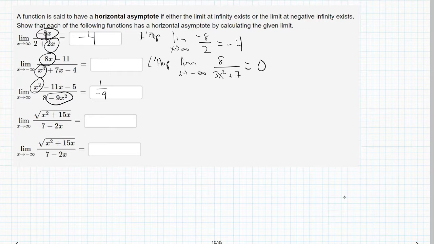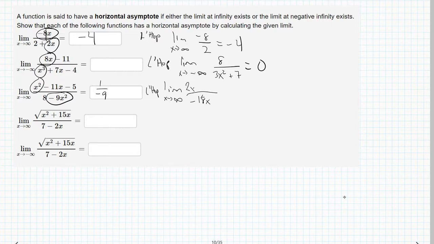Or you could use L'Hopital's rule twice. So the limit as x approaches infinity using L'Hopital's once, I get 2x over negative 18x. Notice actually, negative 18x, and then we have minus 11. Sorry, forgot about the minus 11.